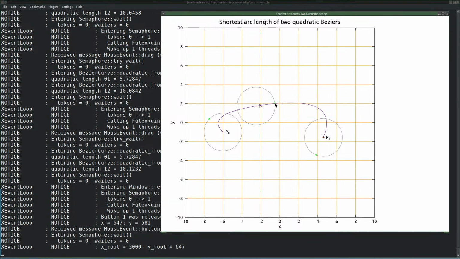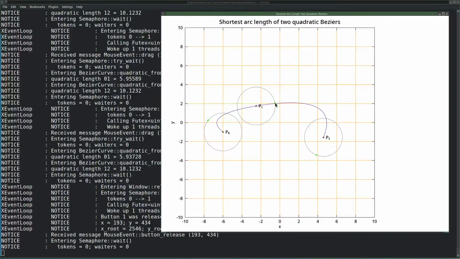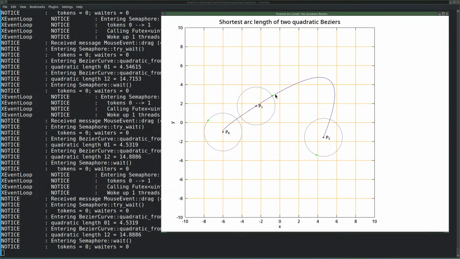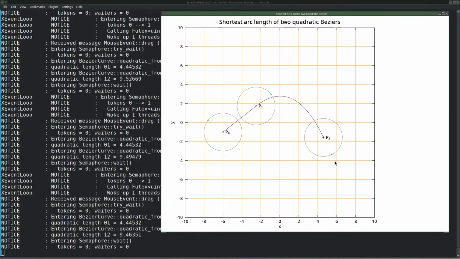I'll show you. Doesn't really matter where I put that one. That is one straight line, believe it or not. And now this is the other straight line.